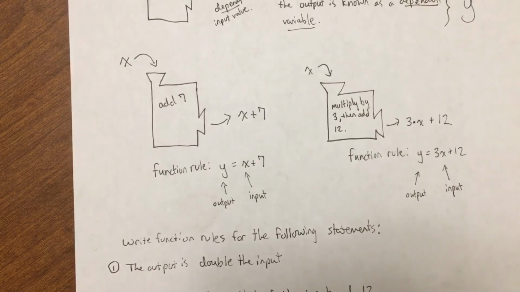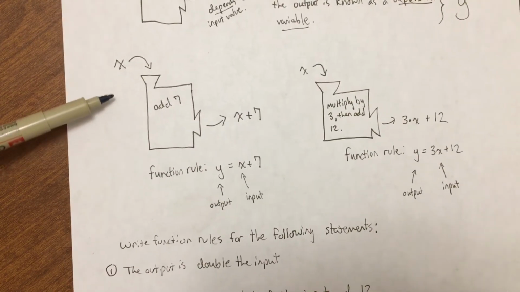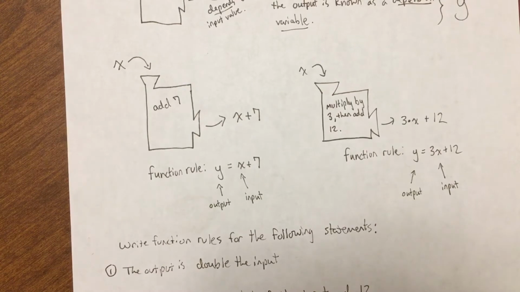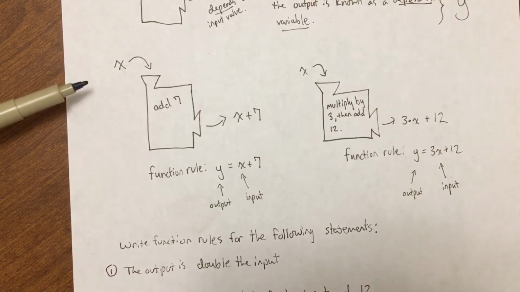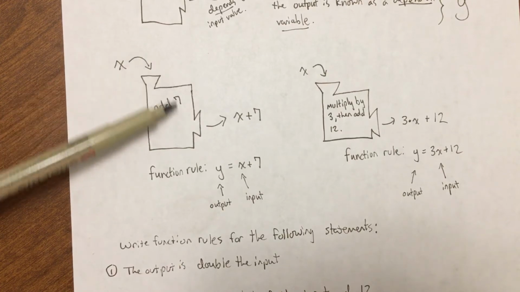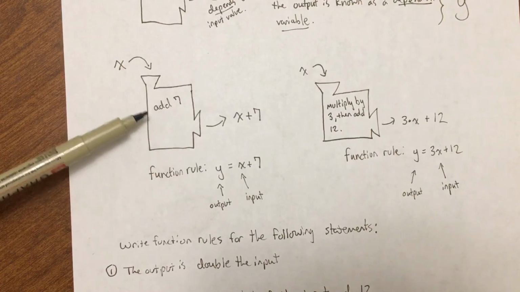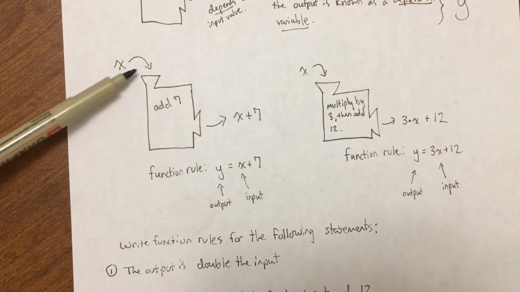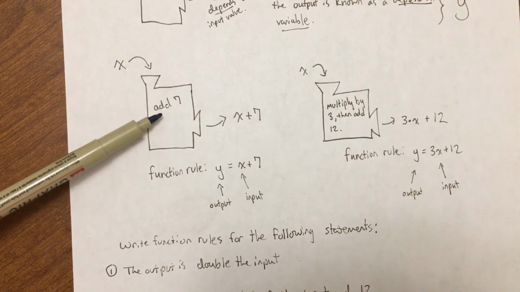So the first example I have to illustrate a function rule, let's suppose we plug something into our function. In this case, we'll plug in the variable x, and let's suppose the rule for our function is to add 7 to the input.